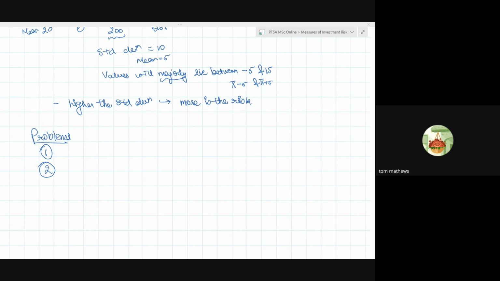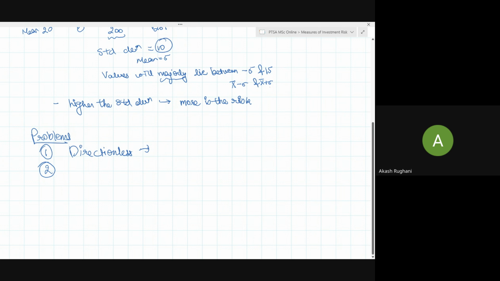That may be the reason why. So the first reason is what Tom rightly mentioned: standard deviation is directionless. When I told you standard deviation is 10, it goes up by 10, down by 10. That's what I did, right? Plus sigma, minus sigma. So it is directionless.